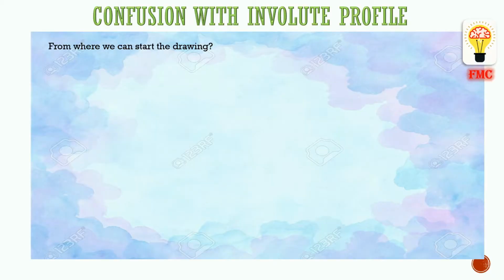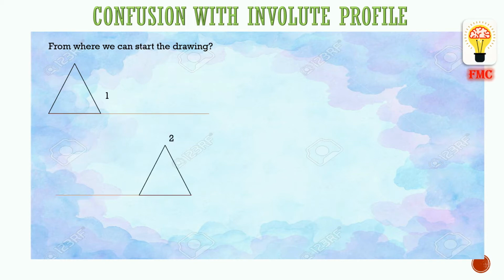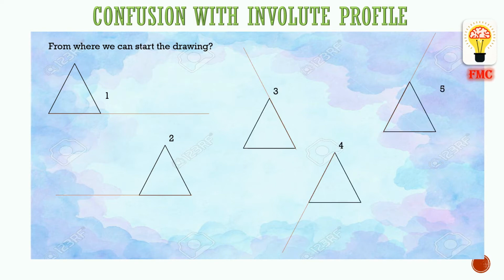Normally when we start with involute profile making, we always have some difficulties and confusion about where to start. That's the main question. Another difficulty is from where we can make the lines, and that the first step is not shown step by step.